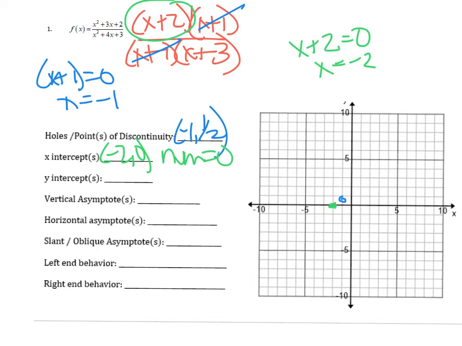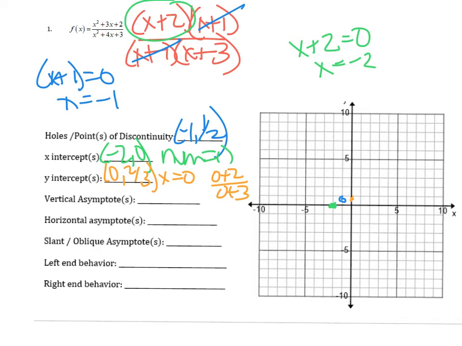Then my y-intercept, you set your x equal to 0. So I'm going to use what's left. So my 0 plus 2 over 0 plus 3 gives me 2/3, so 0, 2/3. And so that's about right here. It's tiny.